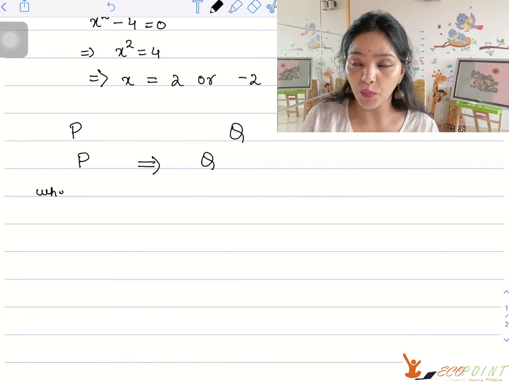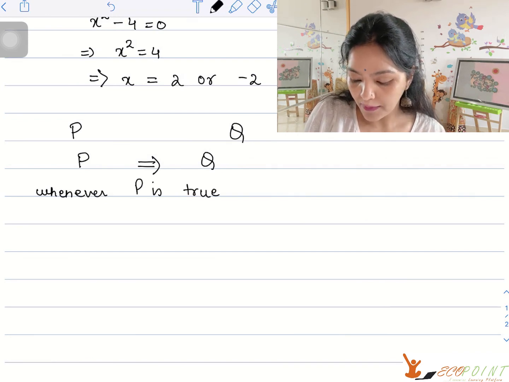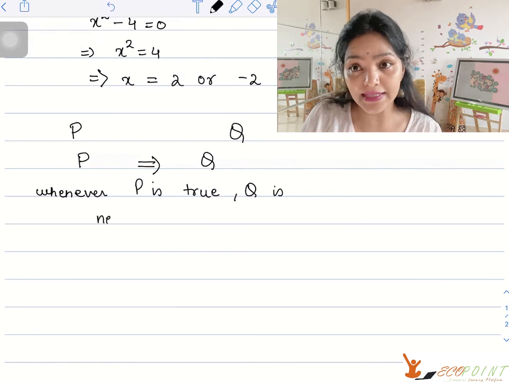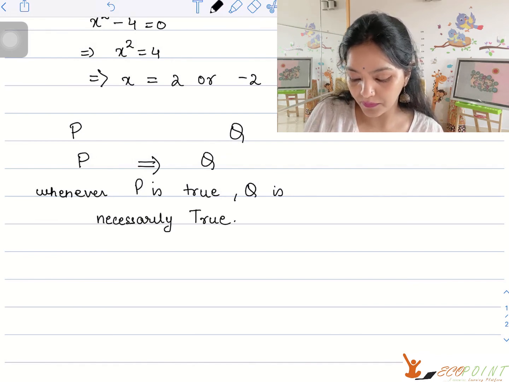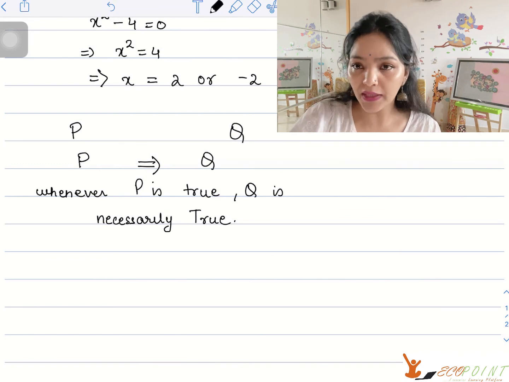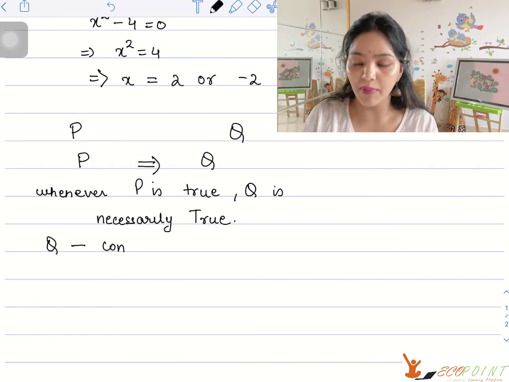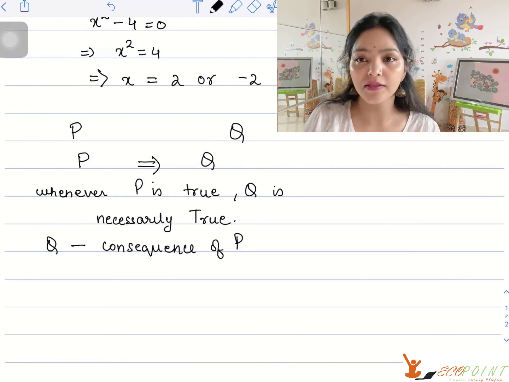It means that whenever P is true, Q is necessarily true. Q is essentially a consequence of P. P implies Q, or Q is implied by P. That means Q is the consequence of P. So whenever P happens, then Q happens.